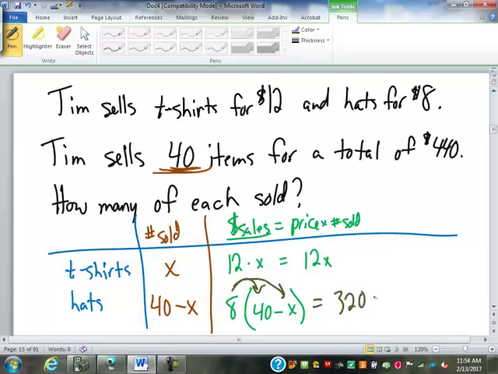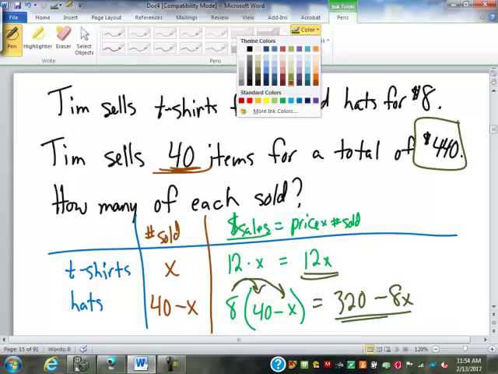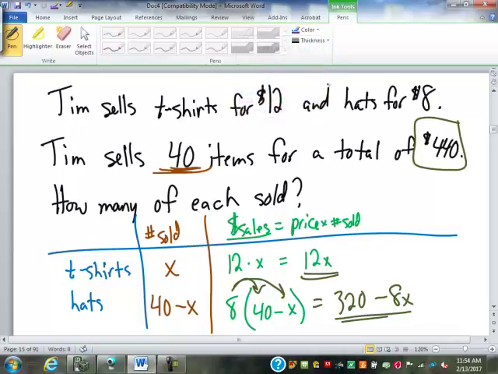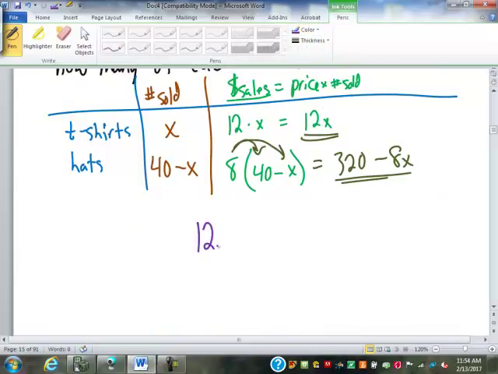And 8 times negative X is negative 8X. So those two have to add up to give us the $440 total. So 12X plus 320 minus 8X equals 440.